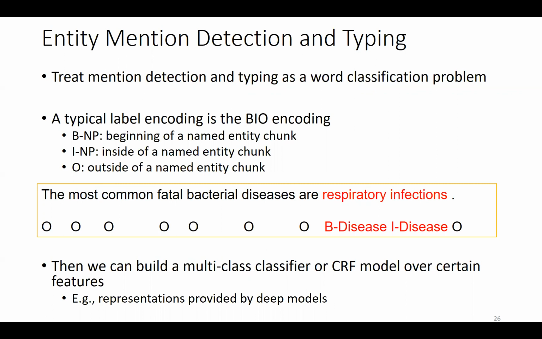Then all other tokens are considered as outside. For example, in this sentence, we only need to label B-disease and I-disease labels to detect the right mention of that type. There have been many loss functions developed for such sequential tagging problems, such as using conditional random field.